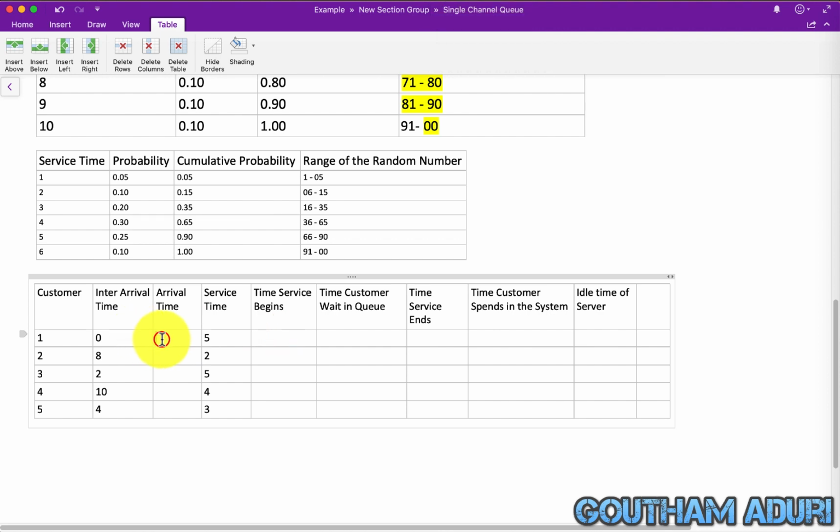So I have to get the arrival time. 0. The next one is 8 minutes. Next one is 8 plus 2, 10, 10 plus 10, 20.